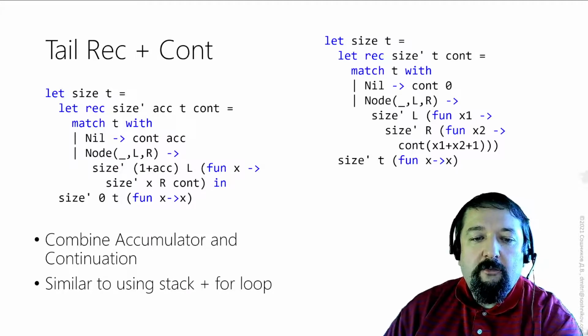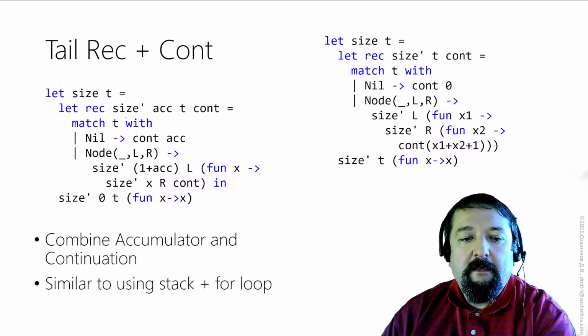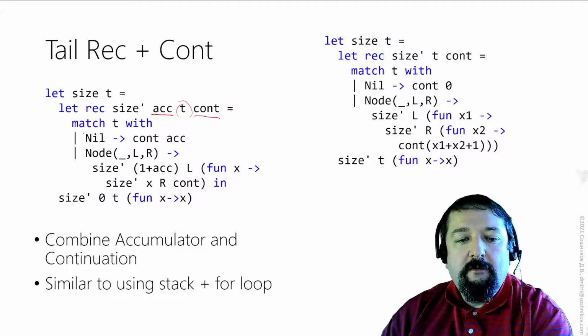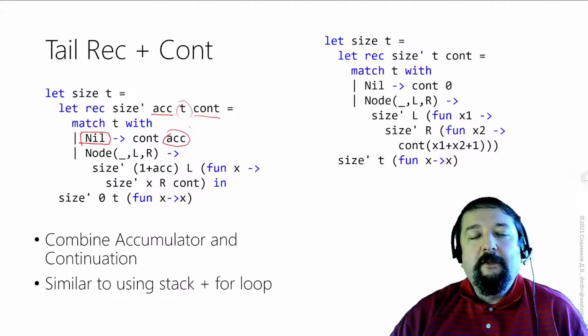So what I can do here, I am passing the accumulator and the continuation, and t is my tree. So what do I do? If I encounter the end of the tree, I call the continuation, but not on 0, but on my accumulated value up to now.